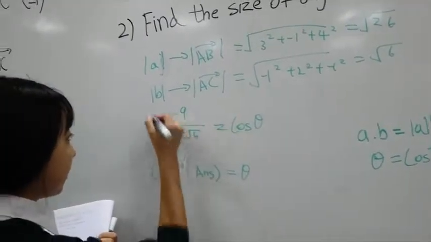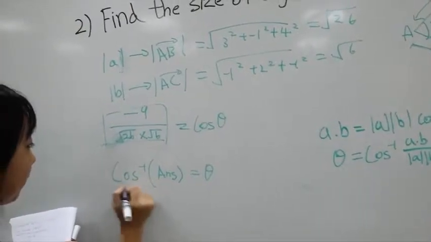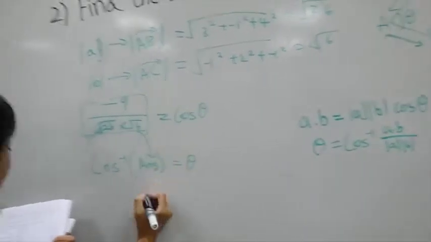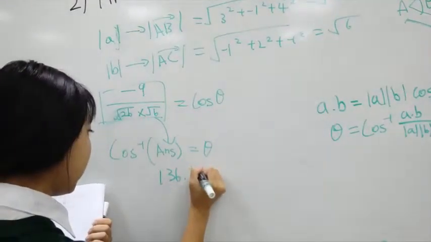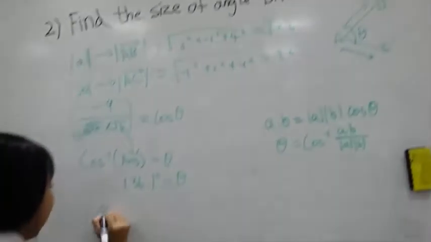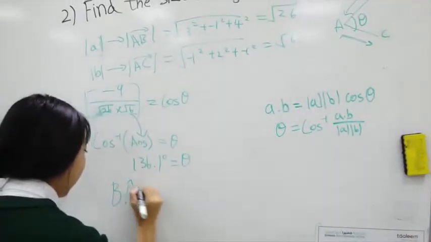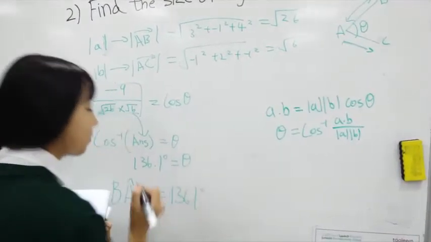By putting this formula in, the answer you get is approximately 136.1 degrees for theta. So the angle BAC equals 136.1 degrees. Thank you.